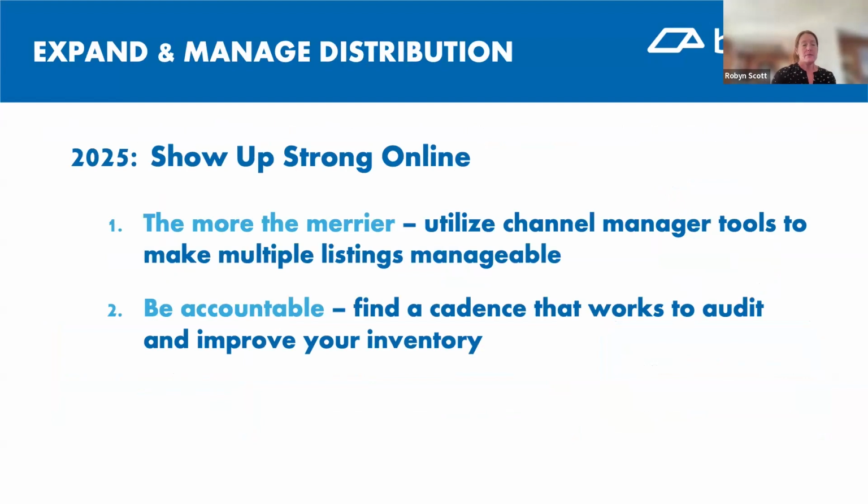So my play with distribution, as long as the channel is working for you, is to continually add new channels. There's a lot of new players out there, Whimstay, Vacay My Way, a lot of guys that are building really good OTAs that I do think will pick up some steam. Whimstay is for that shorter booking window, which I'm sure everyone on this meeting saw a lot of that shift in 2024.